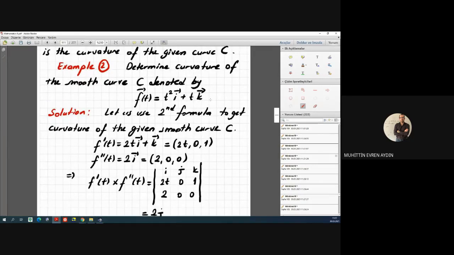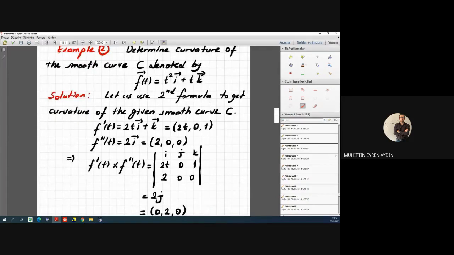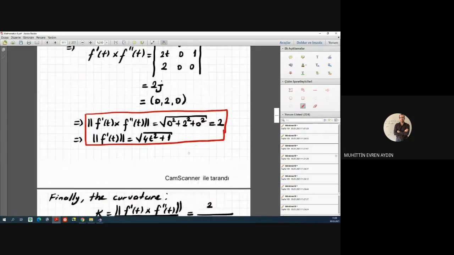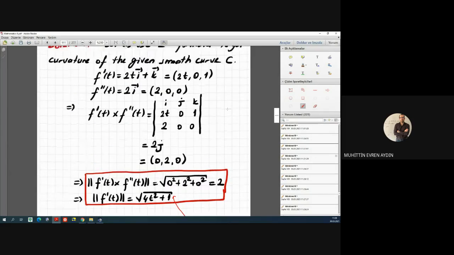Okay, another example. Another smooth curve is defined by this vector valued function. As you can see, the coefficient of k is 0. We may use the second formula because if you calculate, you may see that the norm of the first derivative is not constant, so you have to use the second formula.